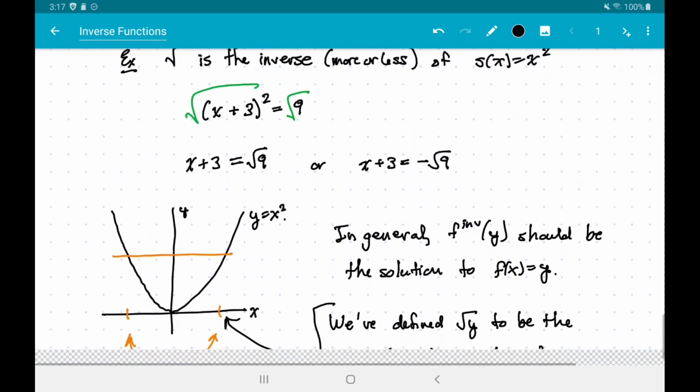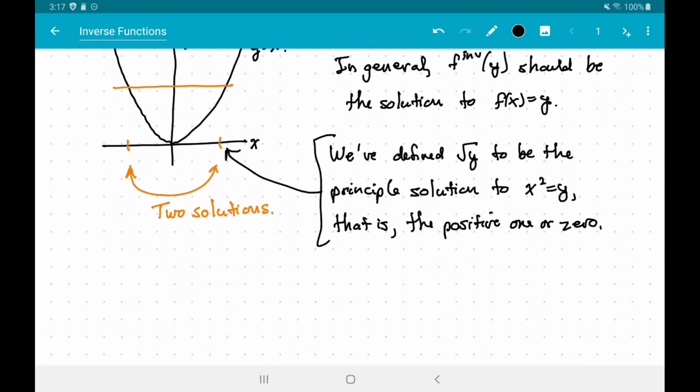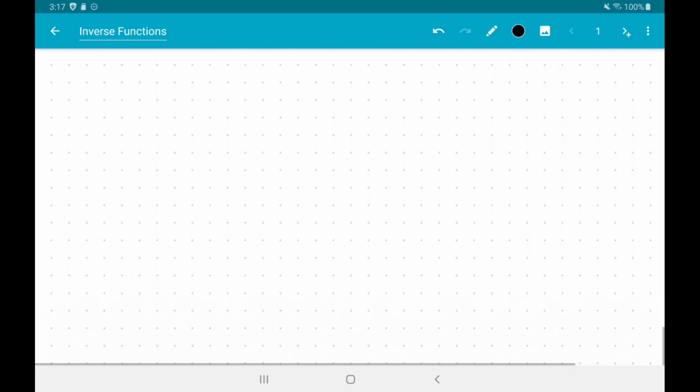The square root is just defined to be the principal solution to x squared equals y. And the calculators and other instruments have ways of computing that. We're going to be dealing with other functions, in particular the logarithm, that are defined as the inverse of some other function.